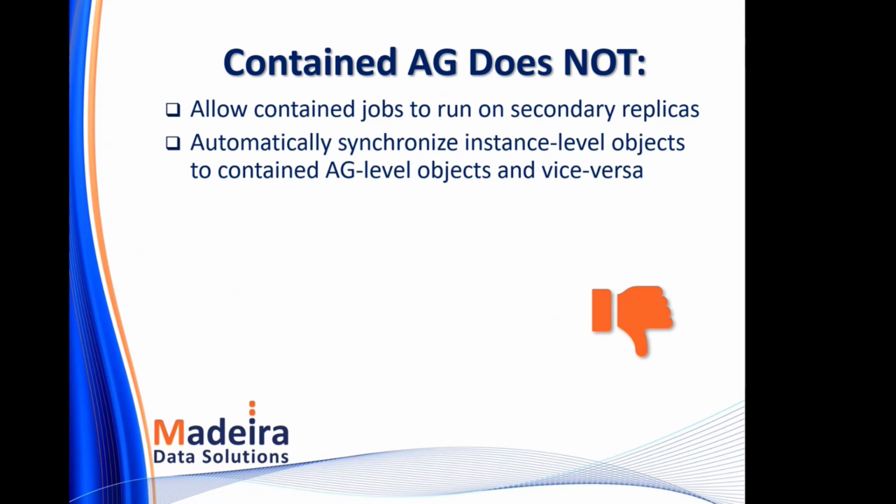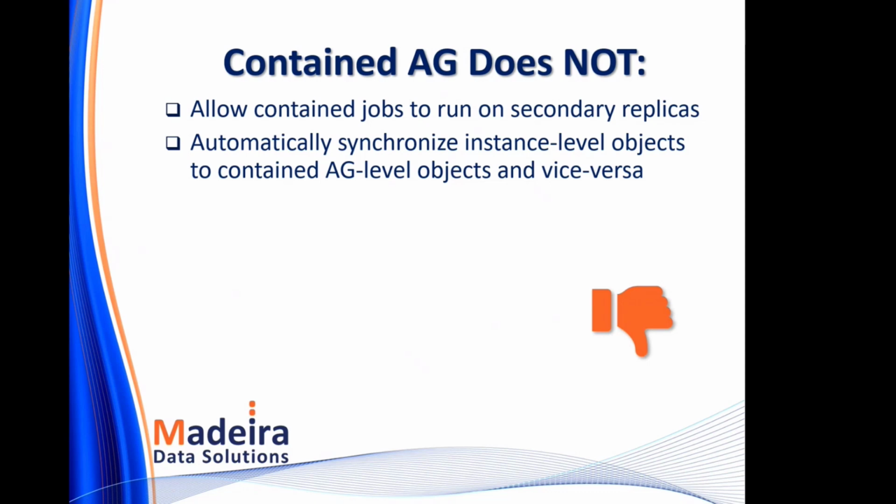That means after the creation of an availability group, if you have new sysadmin logins, new jobs created at the global instance level, or new alerts, operators, or linked servers, or anything that you create in master or MSDB, those will not be automatically synchronized to the contained availability groups. You would have to recreate them manually while connected to those contained availability groups.